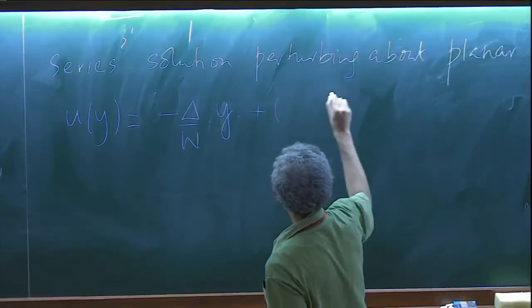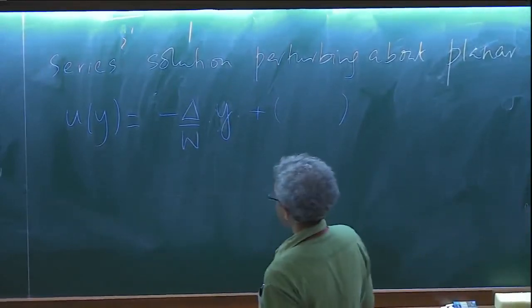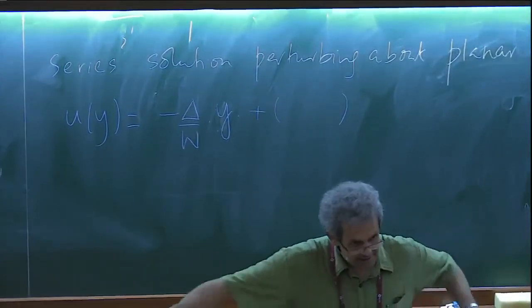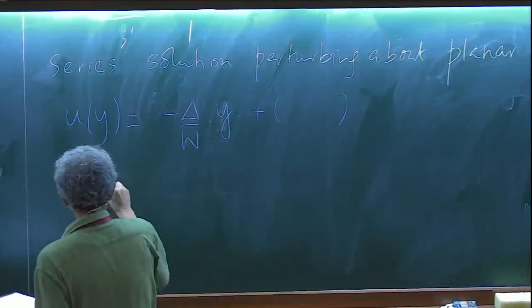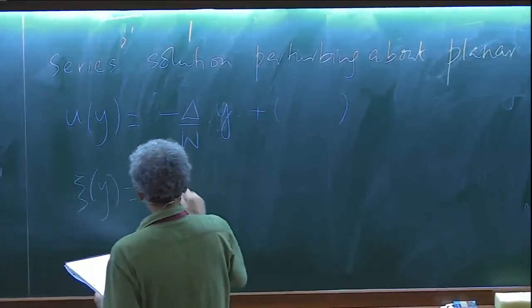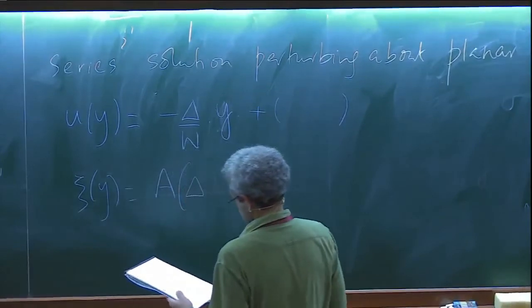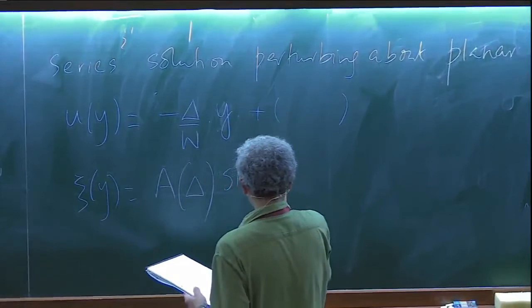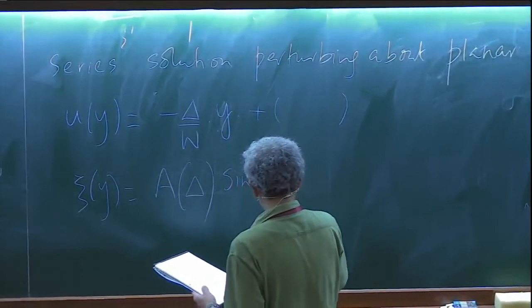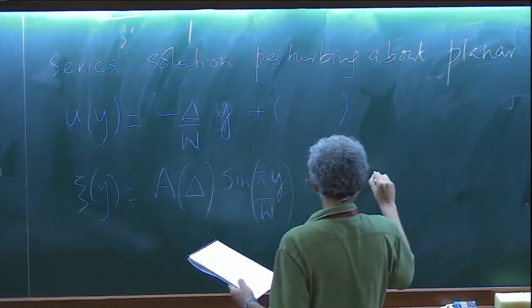This is the first term. This is what I get from the planar state. You agree? This is regular contraction of this thing in line. And then I'm going to say zeta of y is some amplitude which depends on delta, and this is small for now. I'm going to just try the first term in a Fourier expansion, plus other terms.